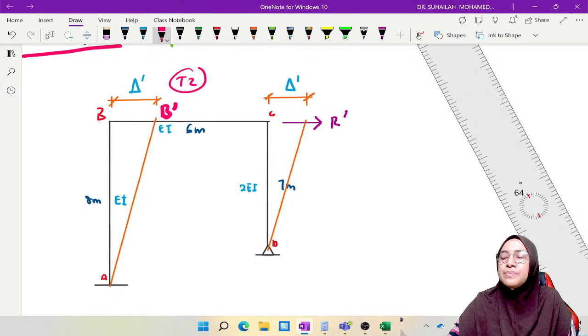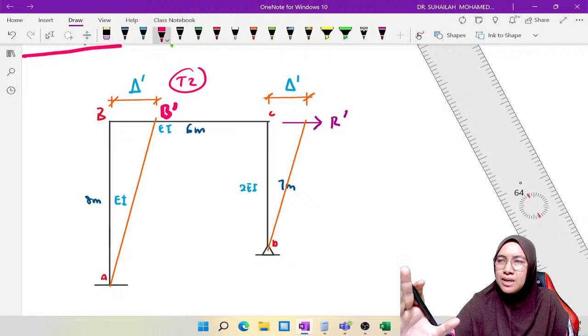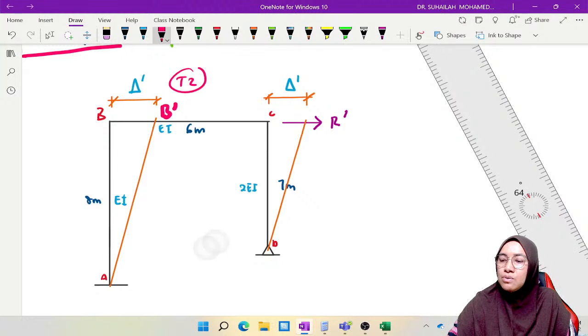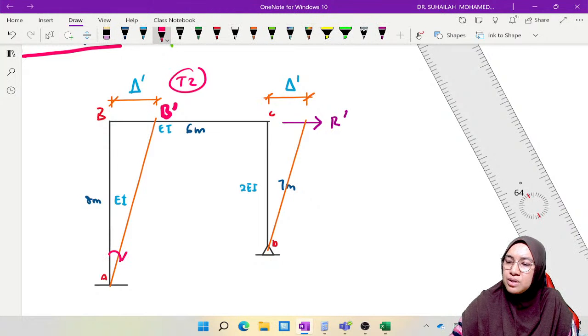The rotation, measured from the original position to the new position, is clockwise, and FEM will counter back.